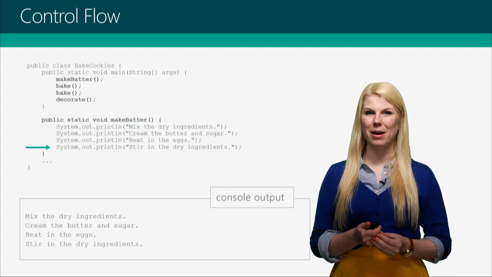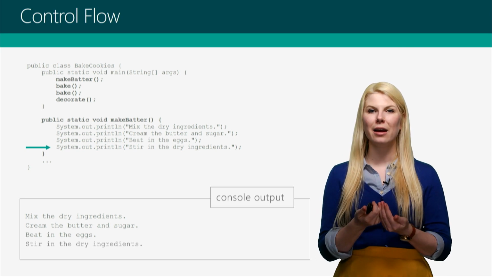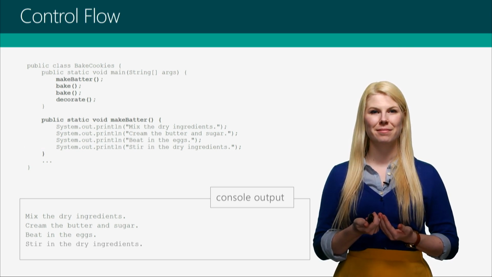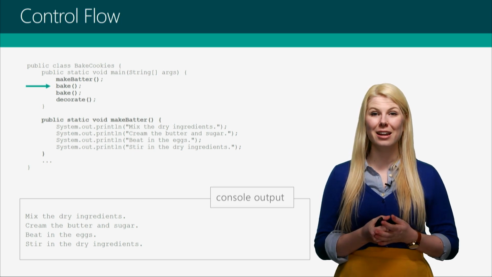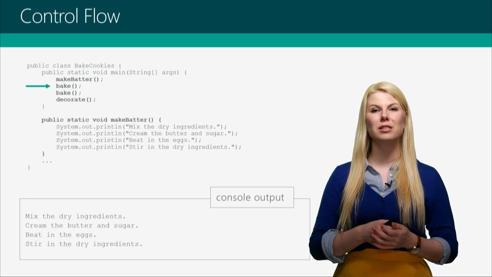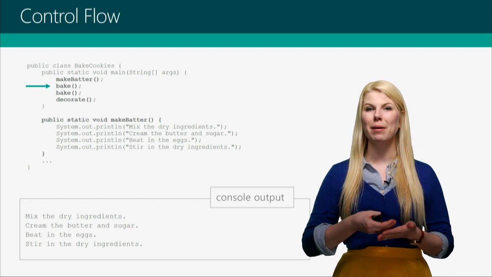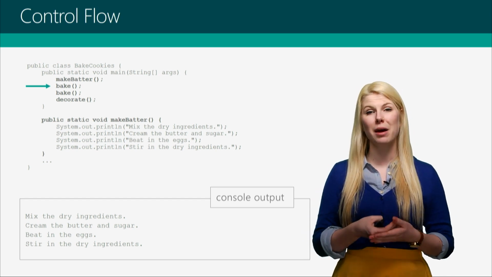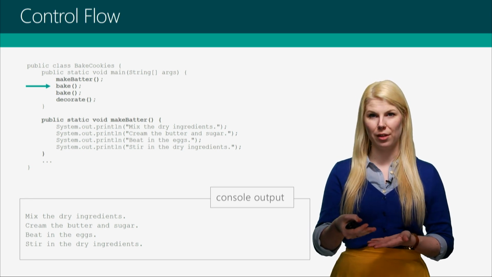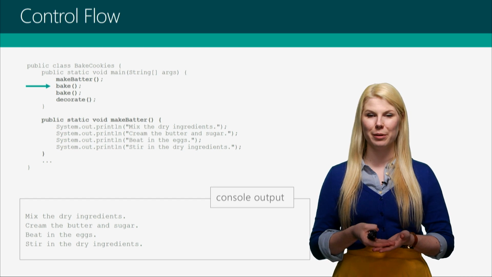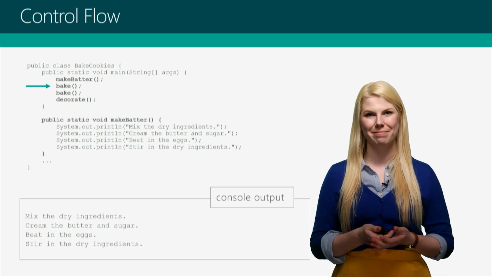Once it's gotten to the end of that method, it's going to come back to where it left off in main. And then it sees that's a method call, and it's going to go do the same thing but jump off to a different method. So it's still going line by line. However, every time it sees a method call, it jumps to wherever that code is and then runs that line by line until it sees the closing curly brace when it comes all the way back.